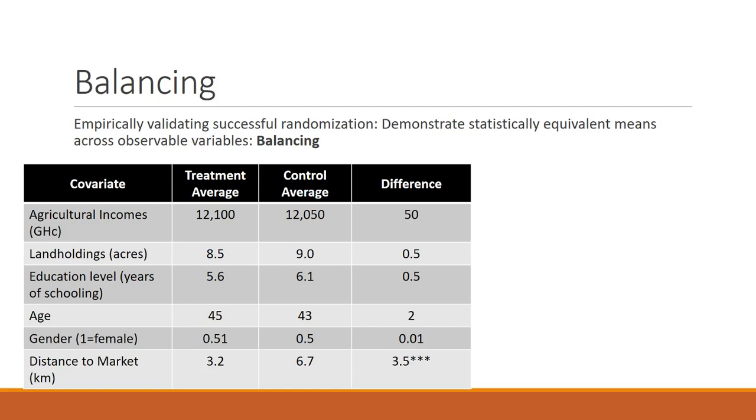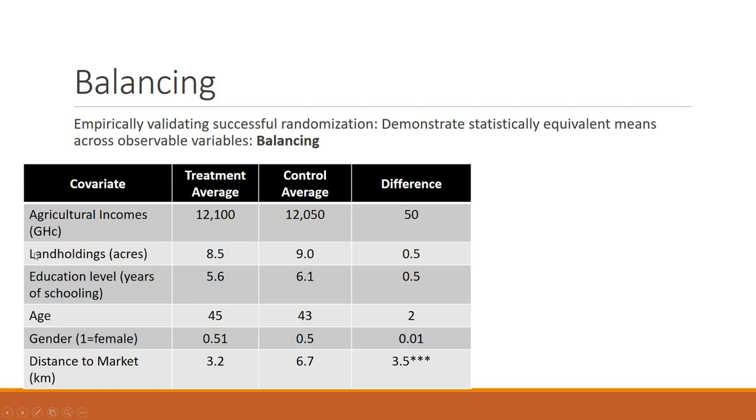Let me be even more specific. I take a bunch of variables or characteristics from my sample population, and I compare the average values of those variables between the treatment group and the control group.